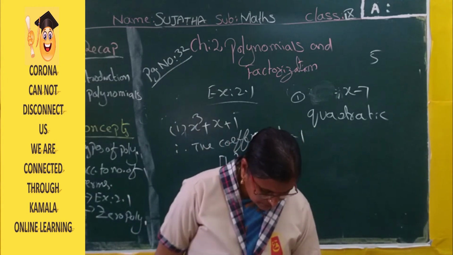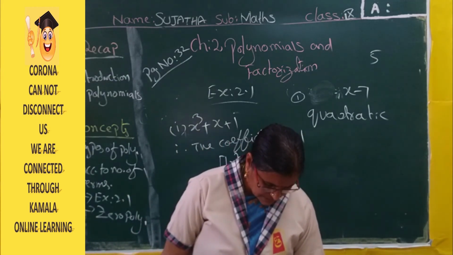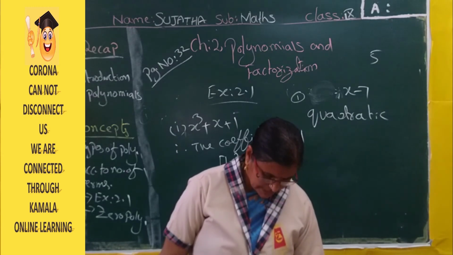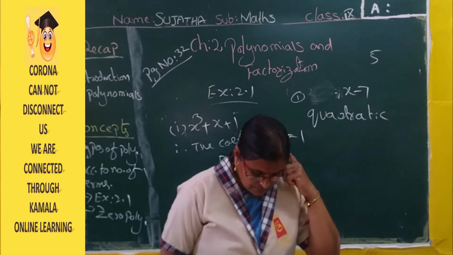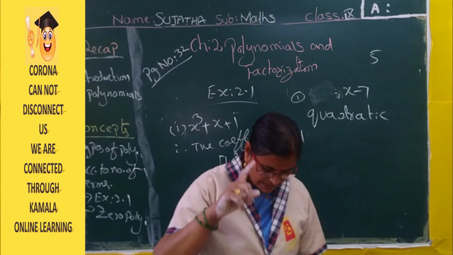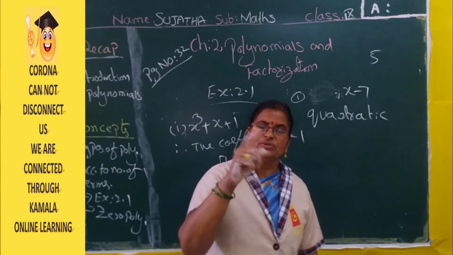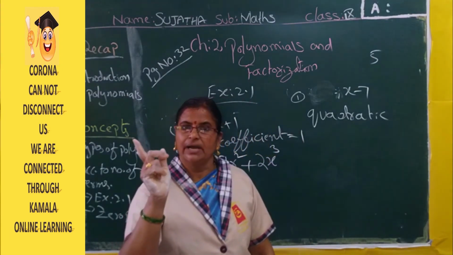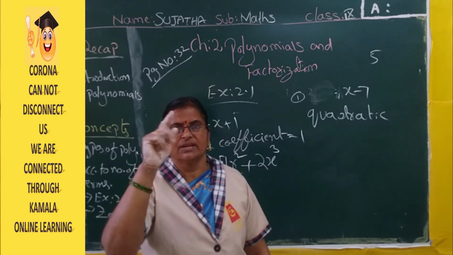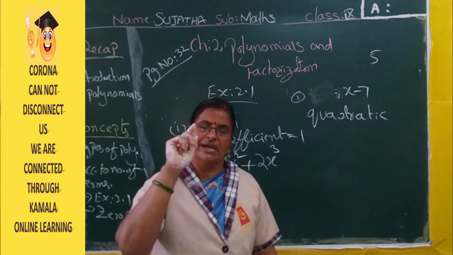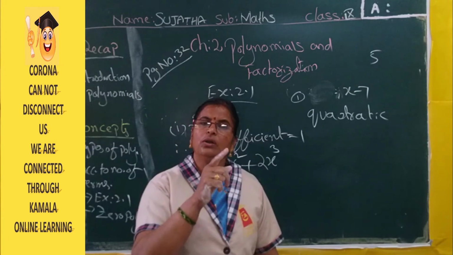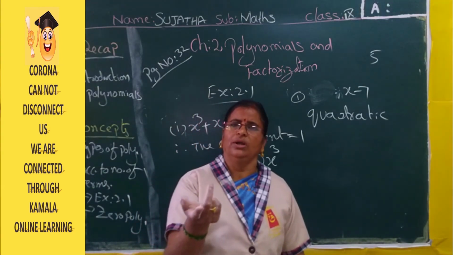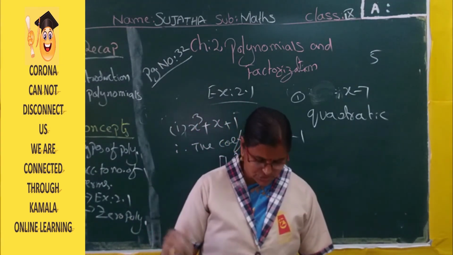Now, the degree of x square plus 2xy plus y square is 2. Yes. Looking at 2x square plus 2xy plus 2: x square has power 2; in xy, x has power 1 and y has power 1, so 1 plus 1 is 2; and y square has degree 2. On the whole, the highest power is 2 only, so the degree is 2.